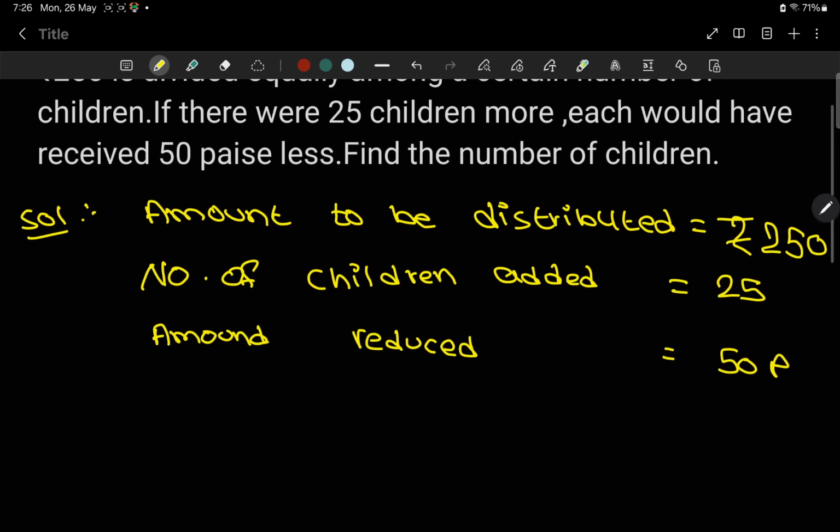So now let's see how much amount each child will get before the 25 children were added.